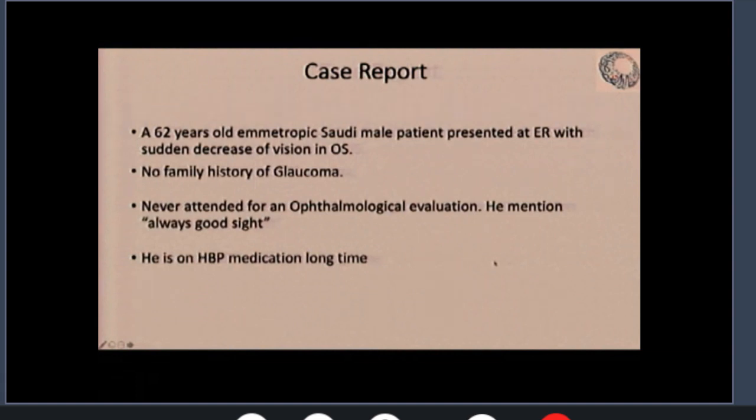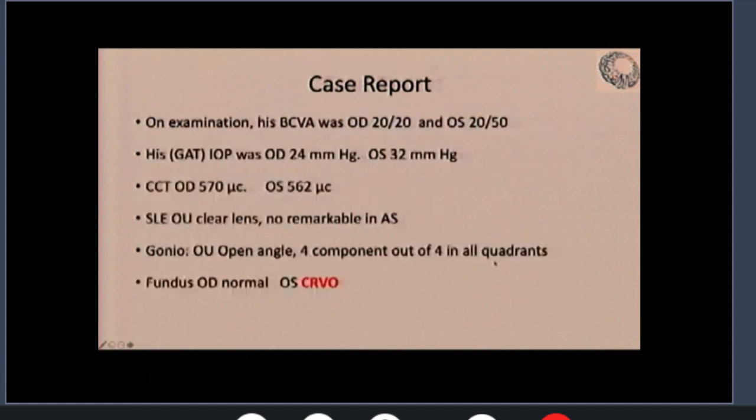He mentioned his vision was always good. He has been on high blood pressure medication for a long time, and this is the physical examination. 20/20 in the right eye, best corrected visual acuity, and 20/50 in the left. Pressures, corneal thickness. You can see everything?